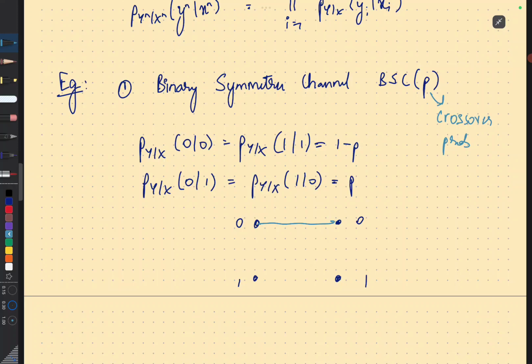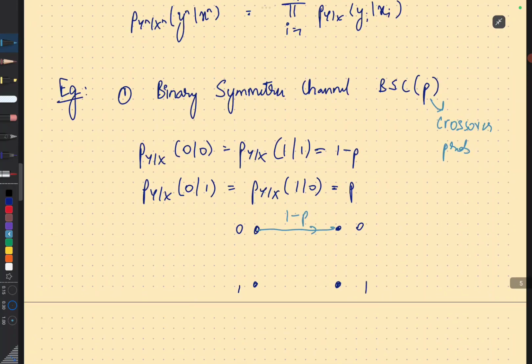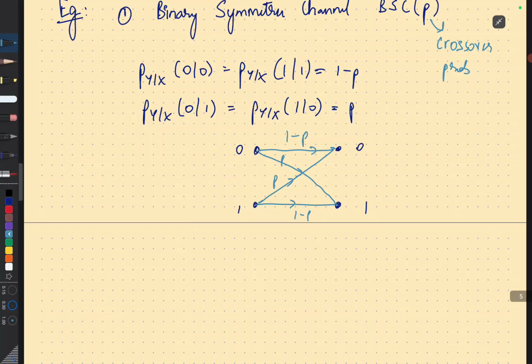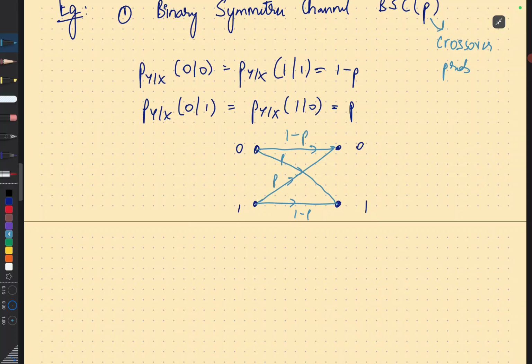If you transmit a 0, you get a 0 with probability 1 minus P. If you transmit a 1, you get a 1 with probability 1 minus P. If you transmit a 0, you get a 1 with probability P. If you transmit a 1, you get a 0 with probability P. Okay, so this is one representation of the channel.